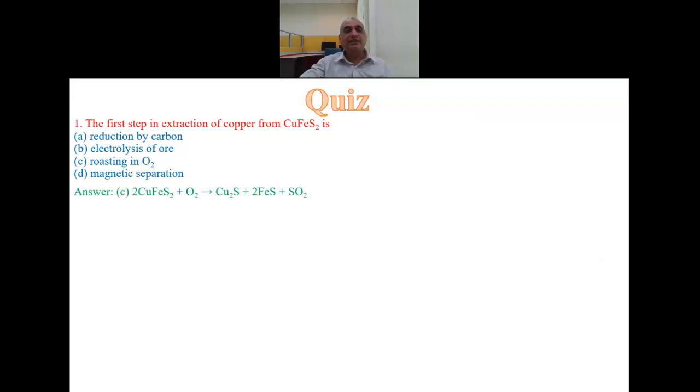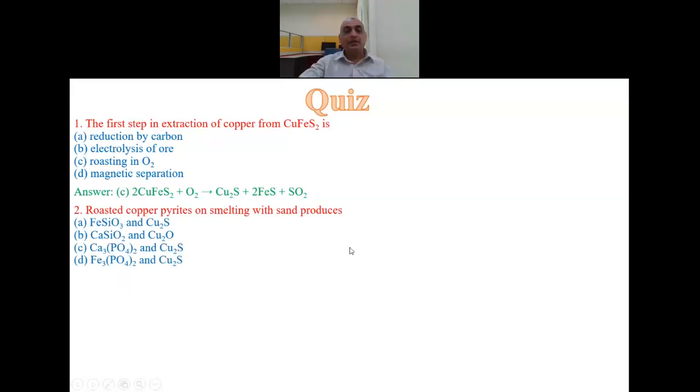The right one is roasting in oxygen. The next question is, roasted copper pyrites on smelting with sand produces, you have 4 choices. The right answer is choice number 1.